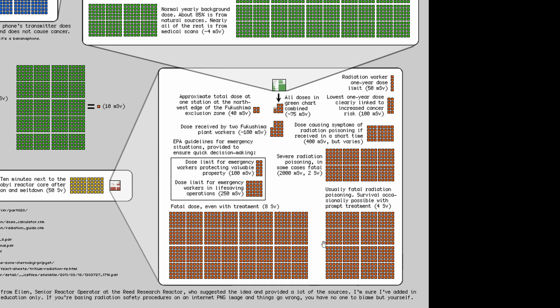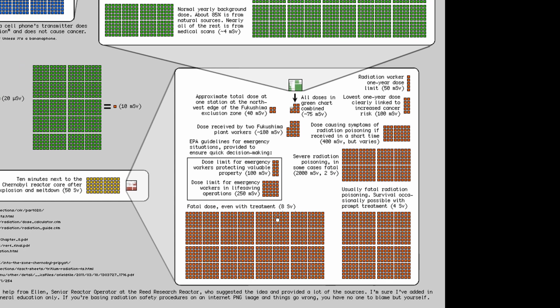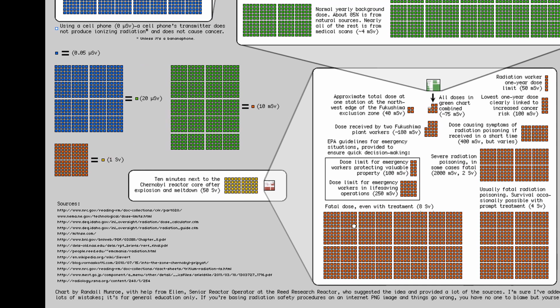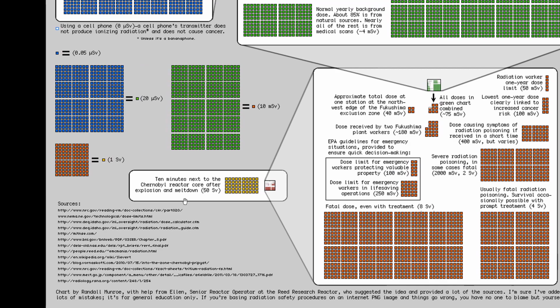Fatal radiation poisoning is going to be caused by 4, and a fatal dose even with some treatment is 8. If you were to stand next to the Chernobyl reactor core after the explosion and meltdown for 10 minutes, you would receive 50 sieverts, which, compared to all of these numbers, is massive.